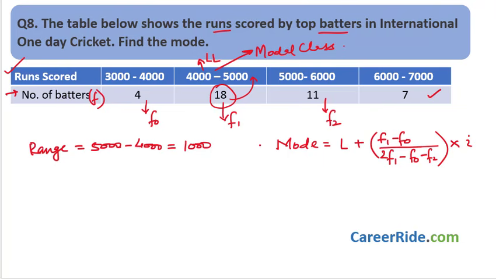There is no other way about it. Make sure that you know this formula, but I have shown you how we arrived at this formula. So now let us start placing the values.